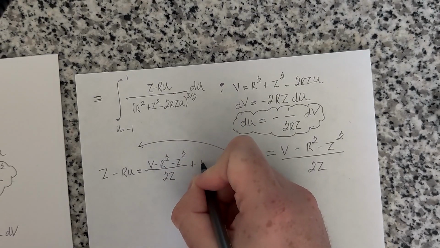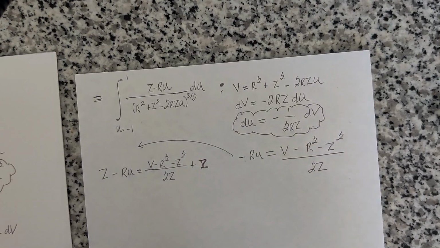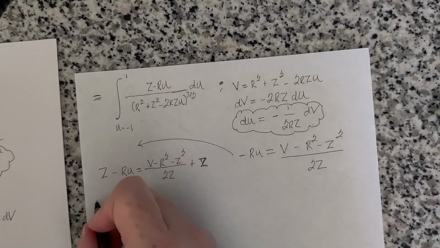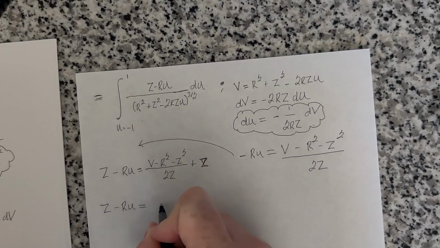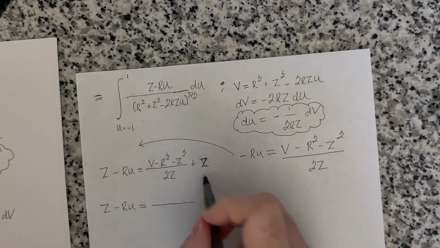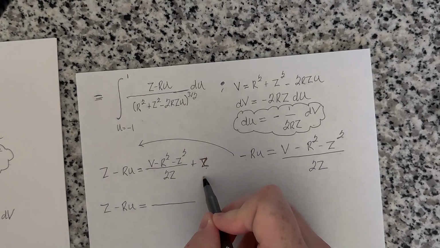plus z. I was about to write v plus z. And then let's get common denominators. So we have z minus ru is equal to, so we multiply this by 2z over 2z.